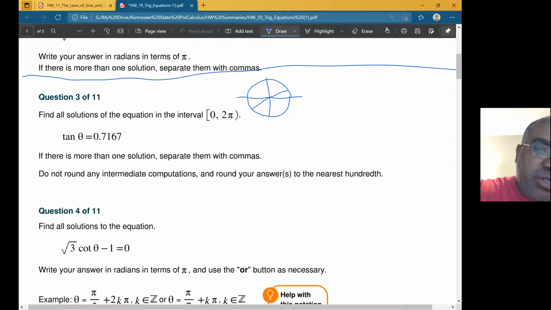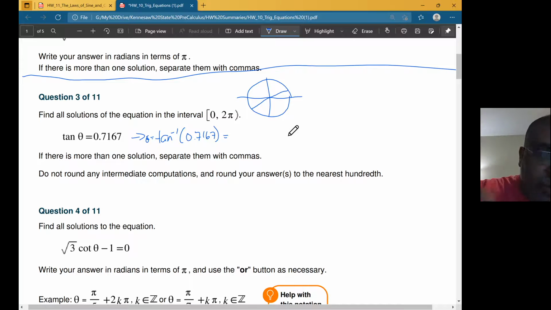So let's do it. We're going to take theta is equal to arctangent of 0.7167. Make sure that you are in radians because there is no degree sign here. So in radians, arctangent of 0.7167.